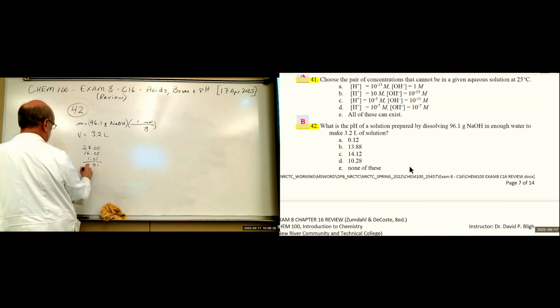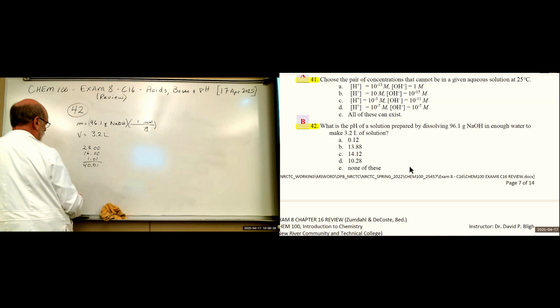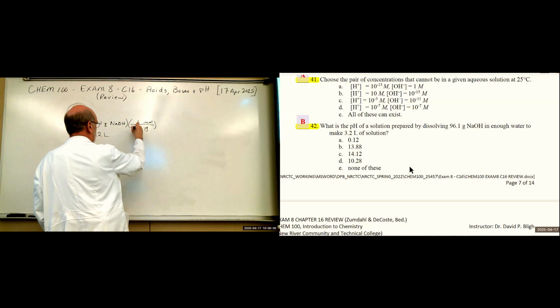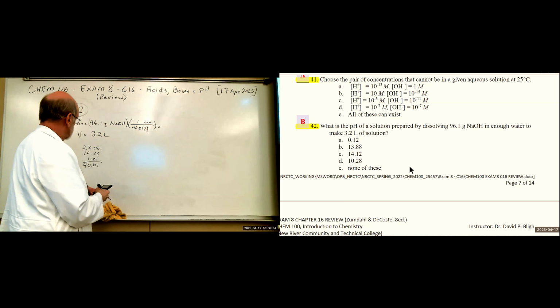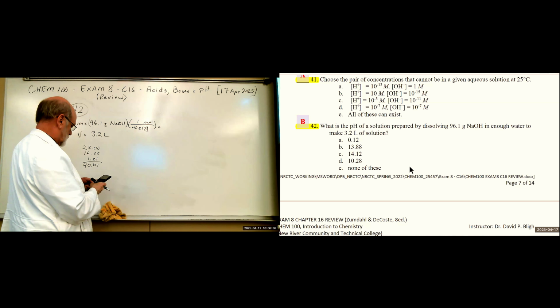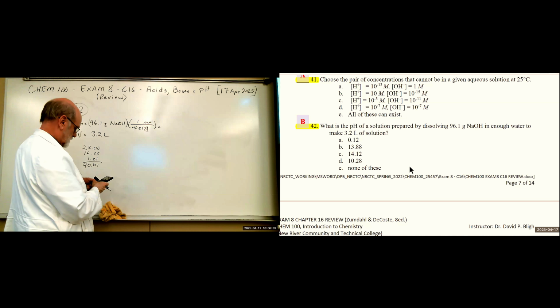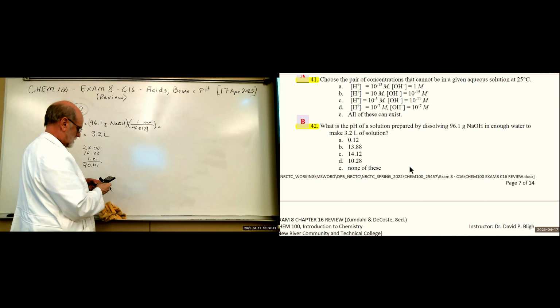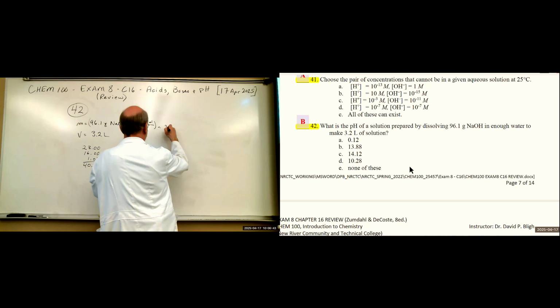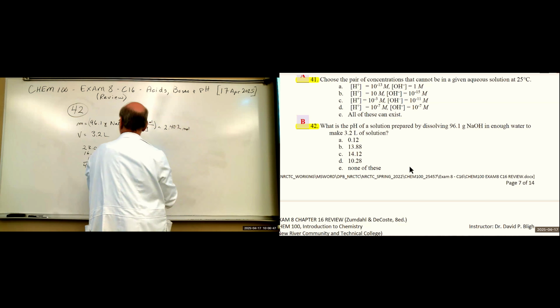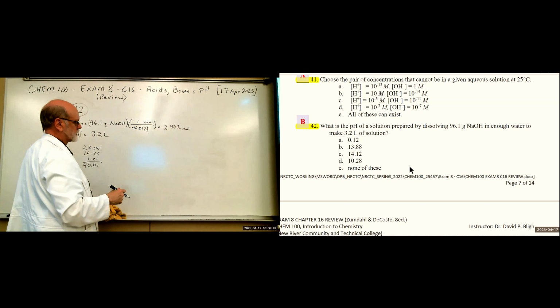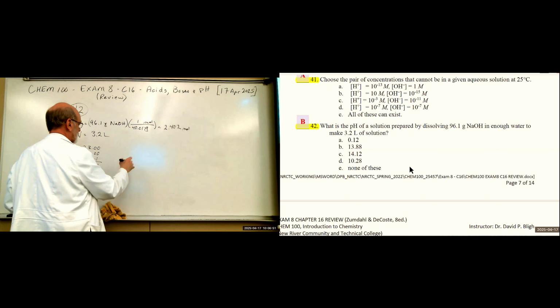Let's see, that's 40.01 grams per mole. So that's 96.1 divided by 40.01. And that's 2.402 moles. I'm keeping extra decimals to avoid rounding error.